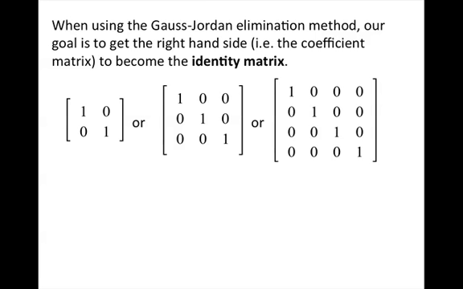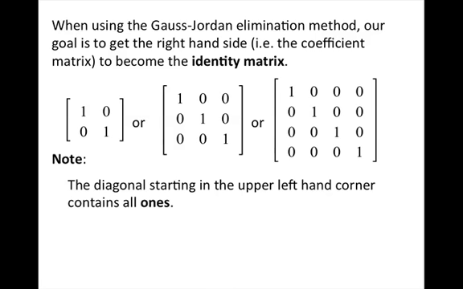On your screen, I have three different identity matrices. The first one is a 2x2 matrix, the second one is a 3x3, and the third one is a 4x4. If you notice, there's a common theme to all of these matrices. First, the diagonal starting in the upper left-hand corner, in row 1, column 1, contains all ones. So this is called the main diagonal.